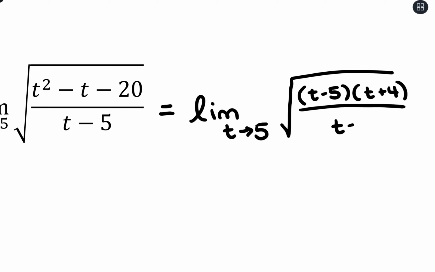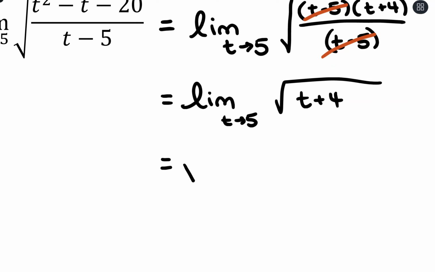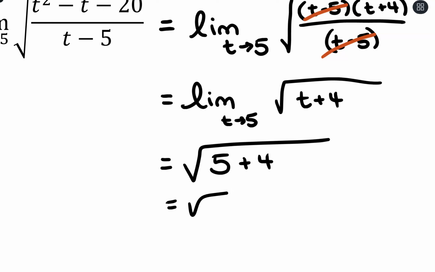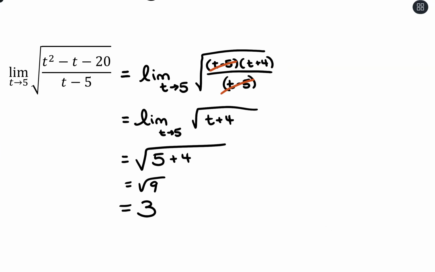And we still have t minus 5 in the denominator, but now we can see where that value that's creating the hole cancels out. So really what we're doing is evaluating the limit as t approaches 5 of the square root of t plus 4. So now we can go ahead and plug in 5. So we have 5 plus 4, which is the square root of 9, which is giving us that value of 3, which we could see in the graph itself, but now we proved it algebraically.